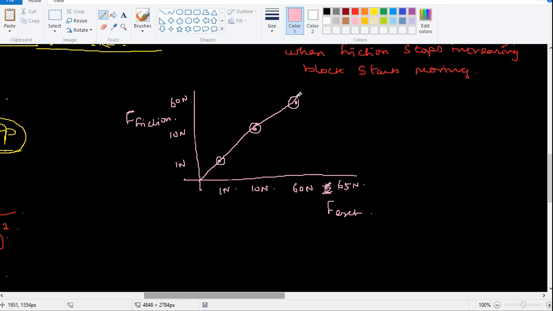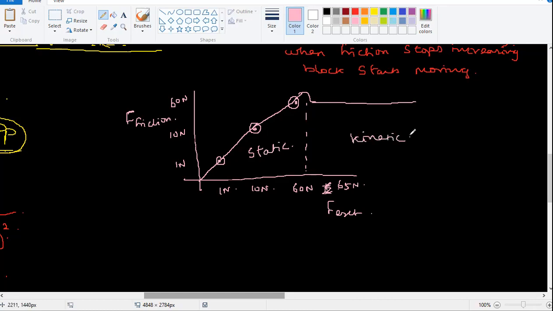Take it down properly. But then once the block starts moving, this friction did not increase. So we'll show something like this. Here what I'm applying is the force to move it. Until this point, the block did not move. So this we are going to call the static region. This we are going to call the kinetic region.